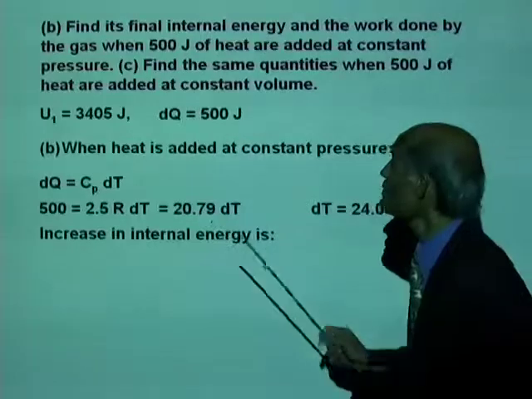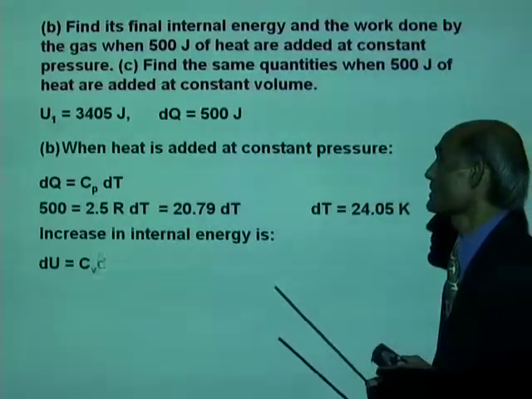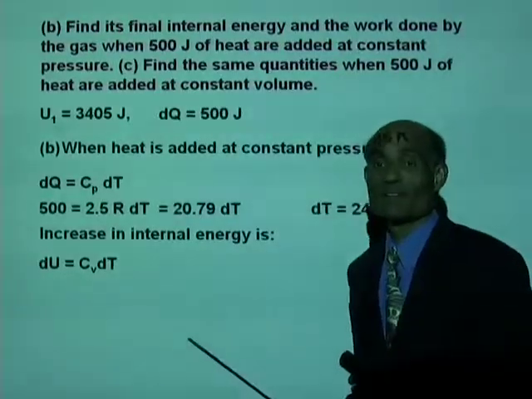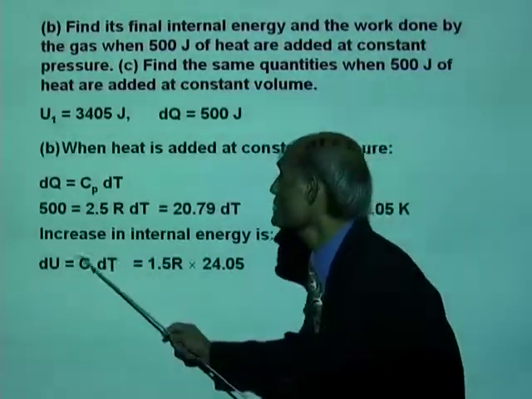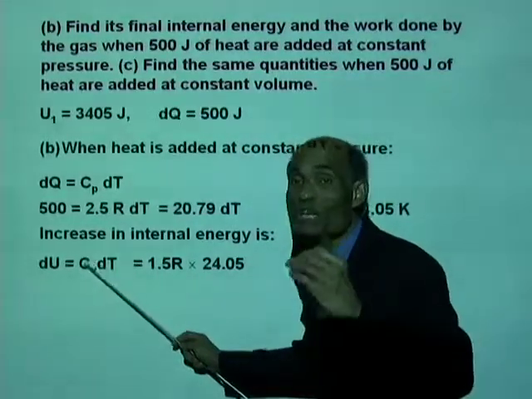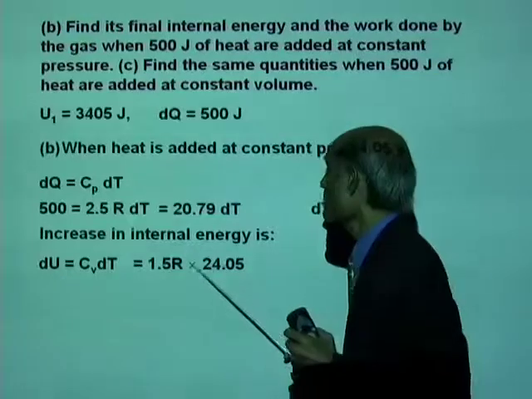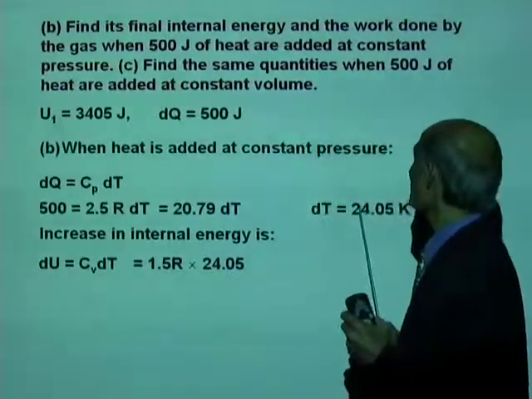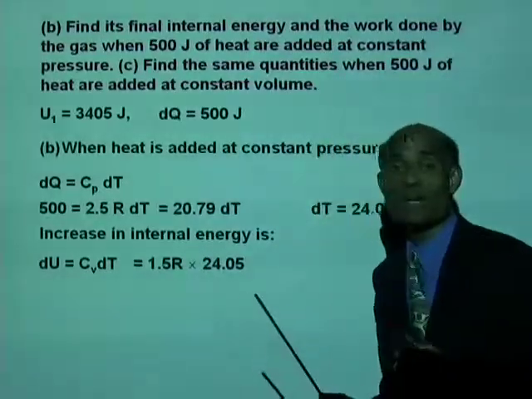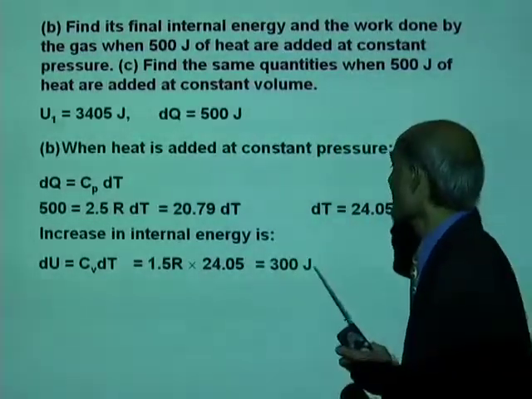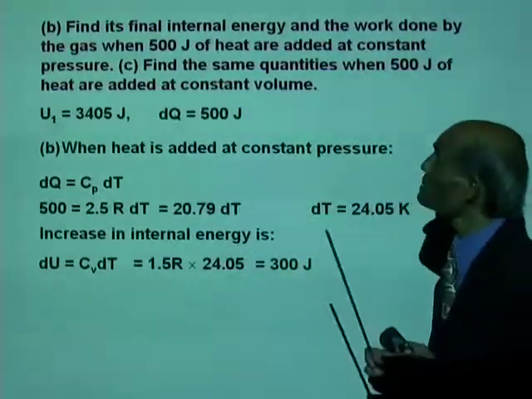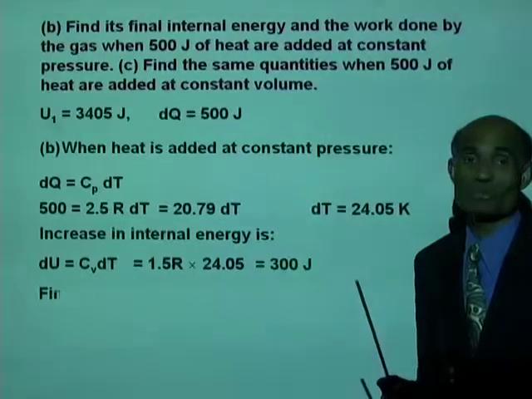Now the increase in internal energy is dU equal to Cv dT. For a monoatomic gas, Cv is 3/2 R multiplied by dT, 24.05, and using R equal to 8.314 we have 300 joules. The increase in internal energy is 300 joules.